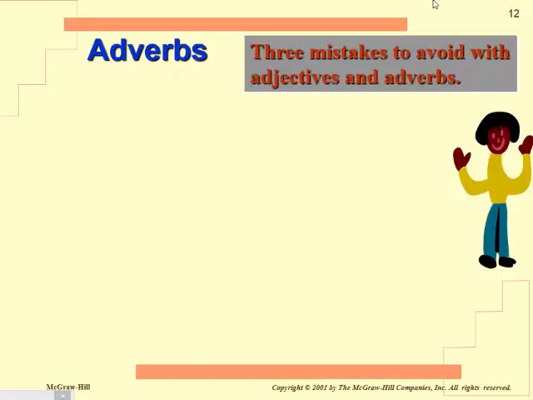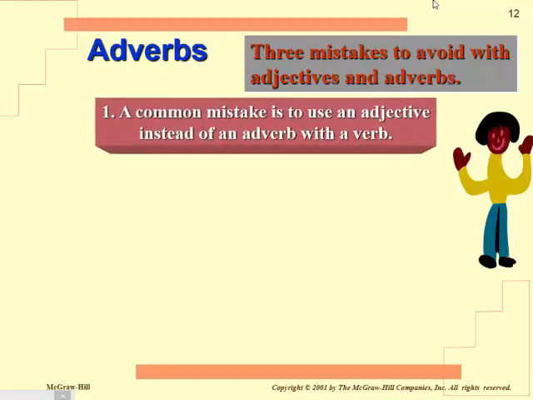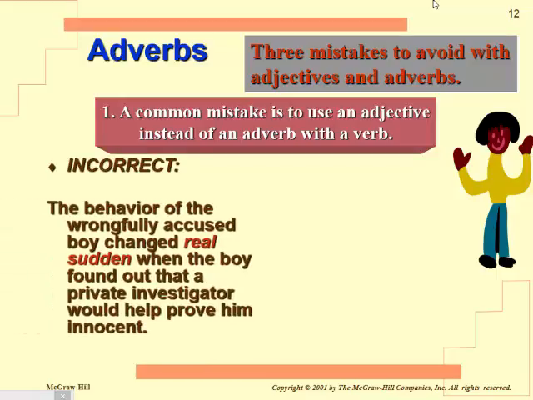There are three mistakes to avoid with adjectives and adverbs. First, a common mistake is to use an adjective instead of an adverb with a verb. For example, this is incorrect: The behavior of the wrongfully accused boy changed real sudden when the boy found out that a private investigator would help prove him innocent.